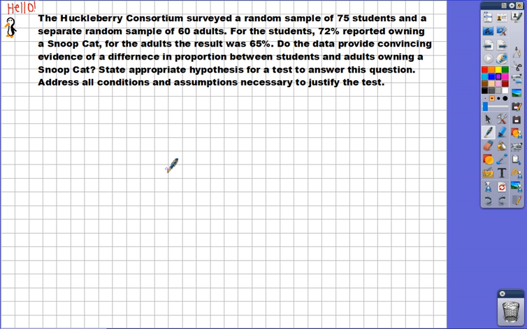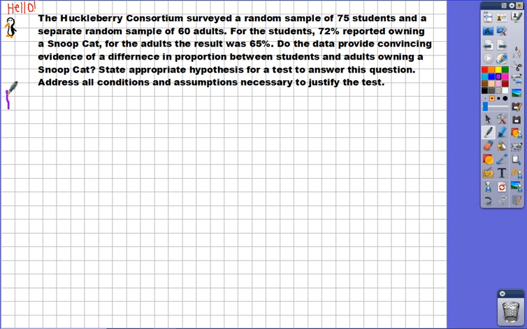Okay, well, the first thing we have to do is recognize we are comparing two separate proportions here: the results from the students and the results from the adults about owning a Snoop cat. So the first thing we want to do is define our parameters.